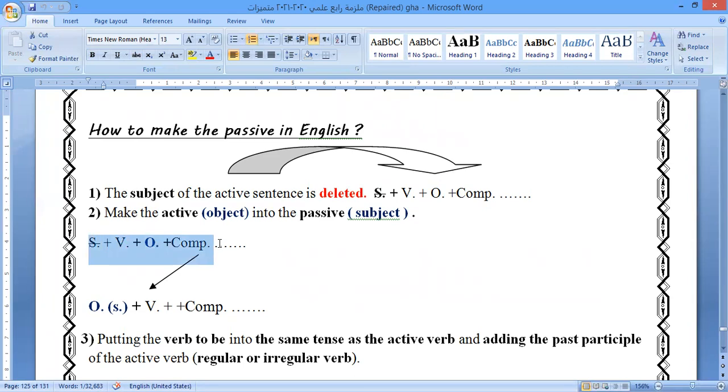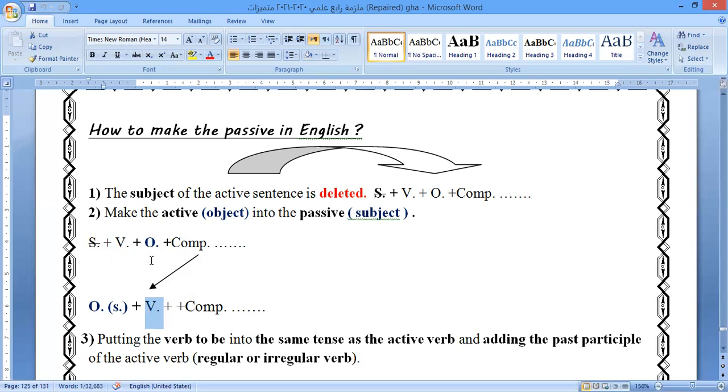The first step, what did you do? Delete the subject. I deleted the doer. That is the first step. Then make the object the subject for the new sentence, the passive one. So my object becomes the new subject. Then I will change my verb depending on the tense of the sentence. I will need an auxiliary verb, according to the tense, whether the original sentence was present, past, past perfect, present perfect, future, or present continuous.